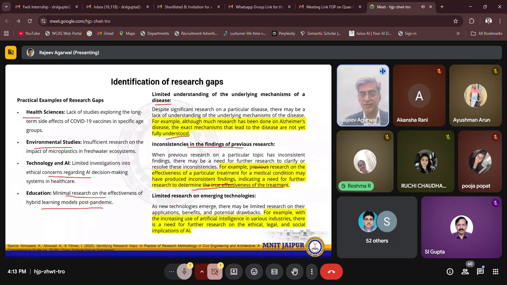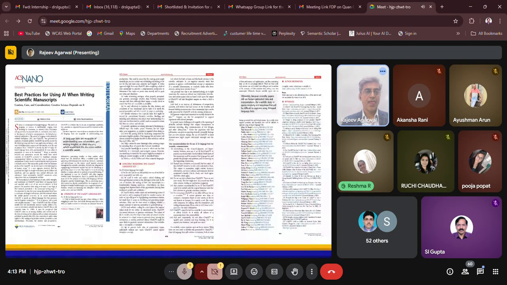Increased use of AI in various industries creates a need for further research on ethical, legal, and social implications. There are some papers you may be interested in, best practices for using AI. I'm simply giving you a snapshot; you can download from the literature.